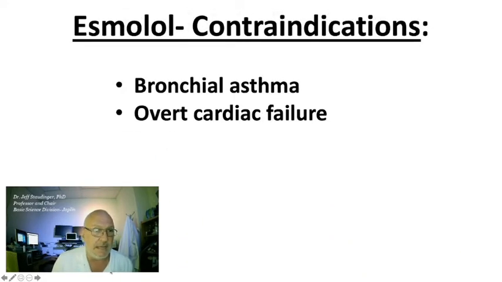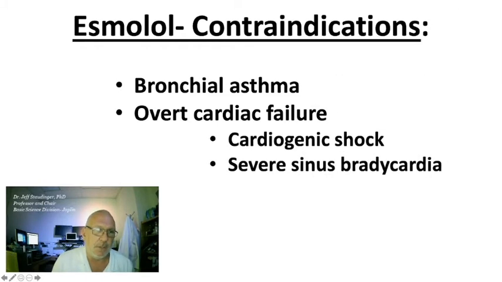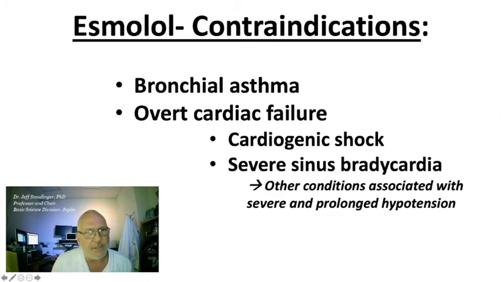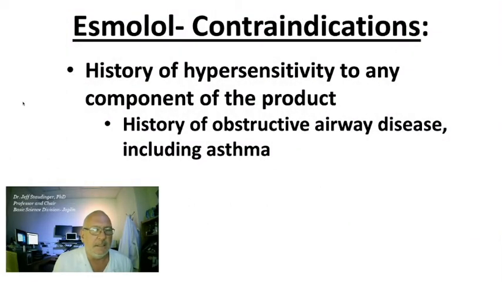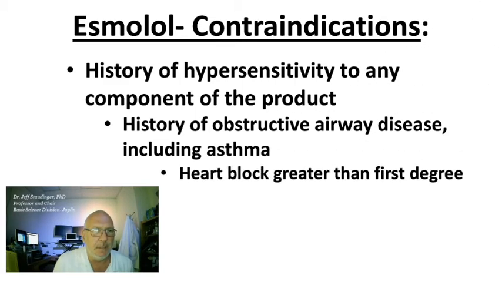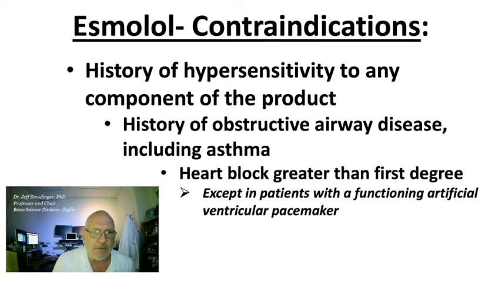Esmolol is contraindicated in patients with bronchial asthma, overt cardiac failure, cardiogenic shock, severe sinus bradycardia, or other conditions associated with severe and prolonged hypertension. Additional contraindications for Esmolol include a history of hypersensitivity to any component of the product, as is always the case, history of obstructive airway disease, including asthma, any heart block greater than first degree, except in patients with a functioning artificial ventricular pacemaker.